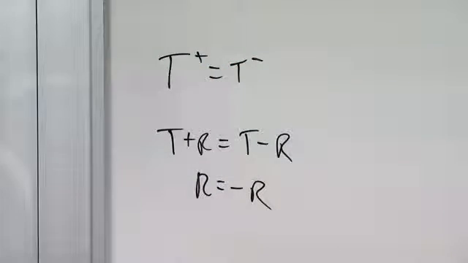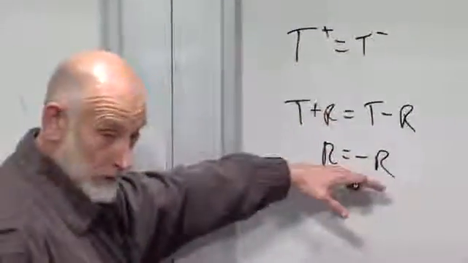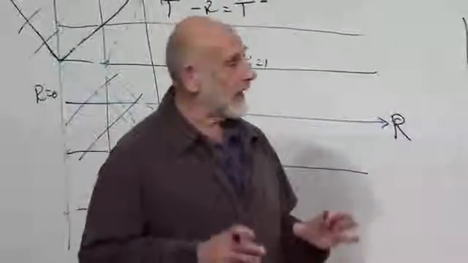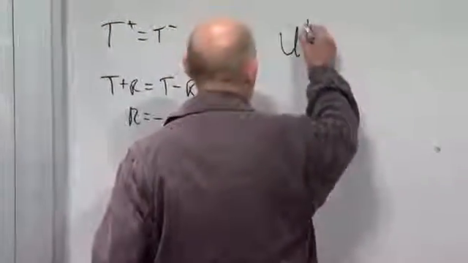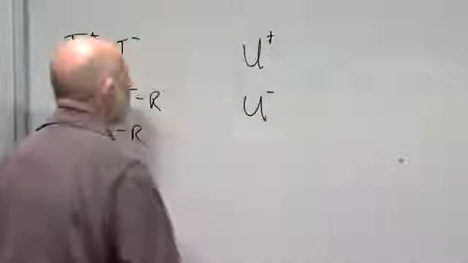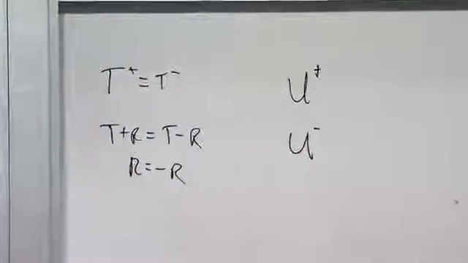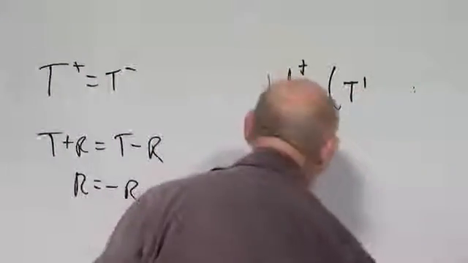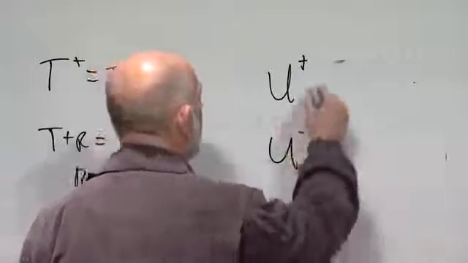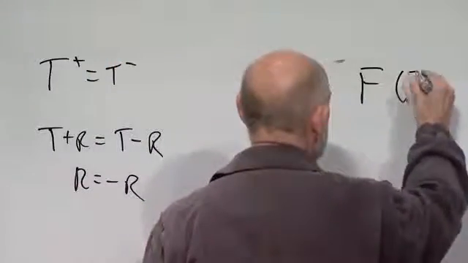Okay, now we're going to change coordinates. The way we're going to change coordinates is to introduce two new coordinates. T plus and t minus are called light-like coordinates. We're going to introduce two new light-like coordinates. One of them is called u plus, and one of them is called u minus. And u plus is some function of t plus.